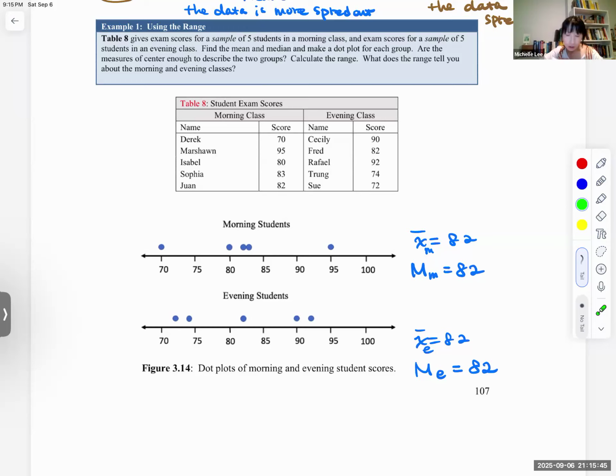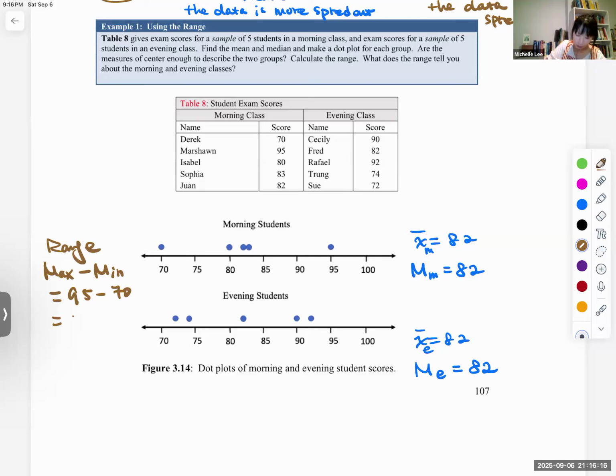Okay, now let's find the range. Range is maximum minus minimum. In that case, which one is the max? 95, minimum 70. Can you please calculate? It's 25. Good.